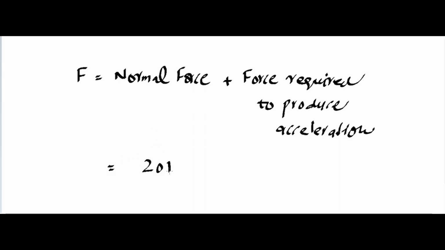Normal force is 20 Newton and force required to produce the acceleration of 2 meters per second square is 4 Newton. So the total force is 24 Newton. That's all about these numericals.